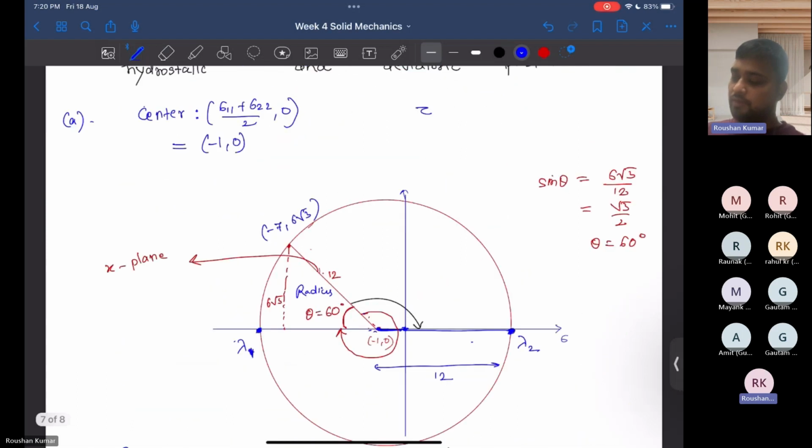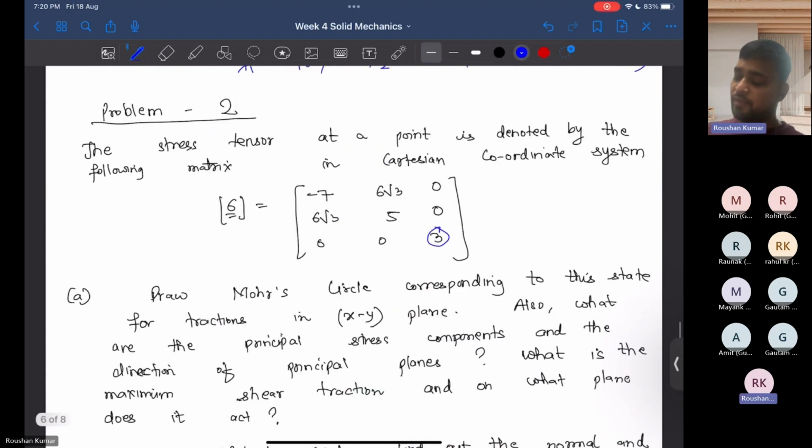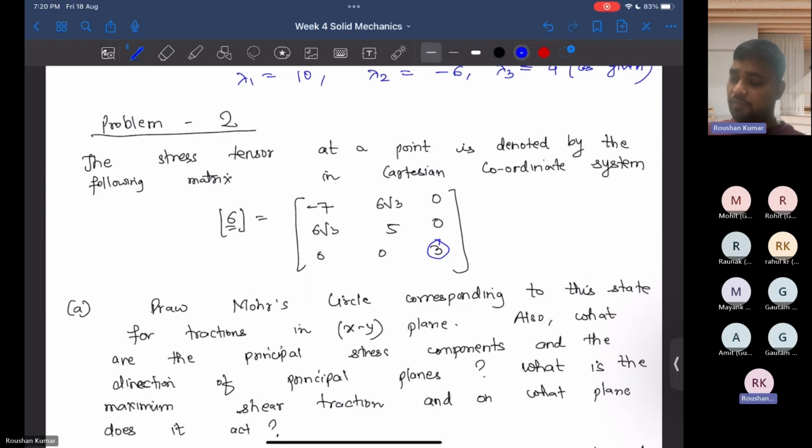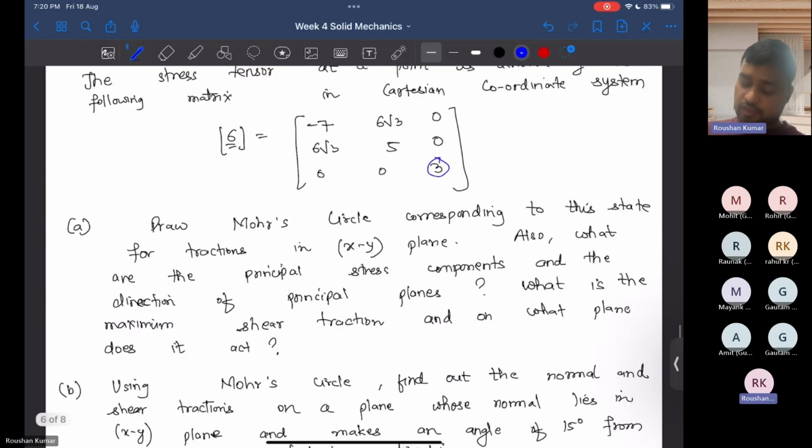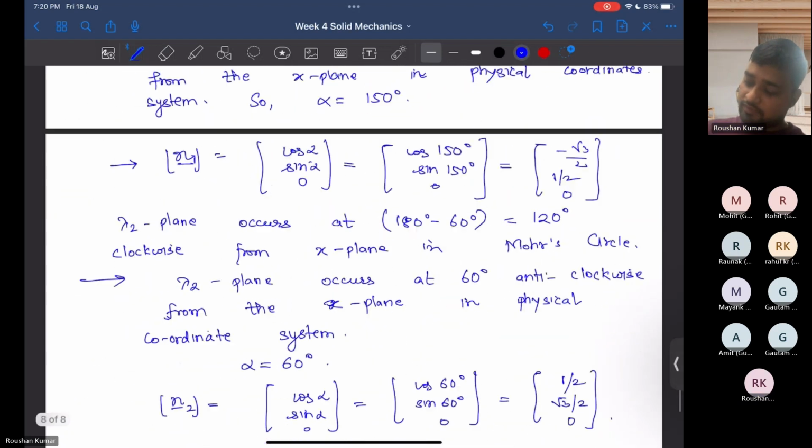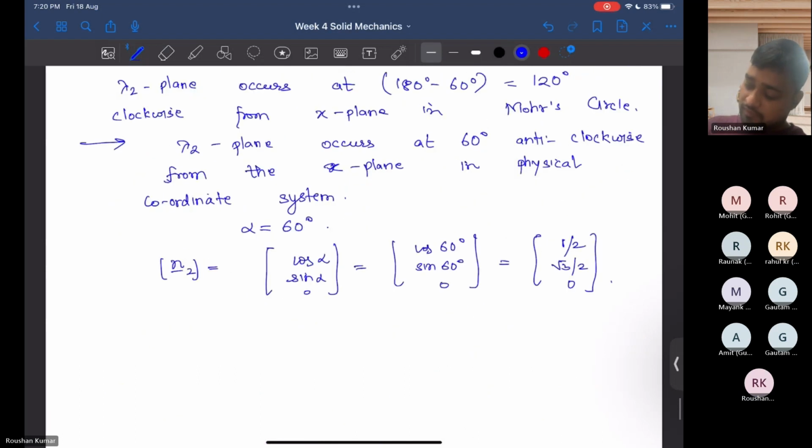Now the component of the lambda 3 plane. From the stress matrix we see that the lambda 3 plane acts along the third coordinate axis, which is the E3 coordinate axis. So the lambda 3 plane occurs along the E3 plane.